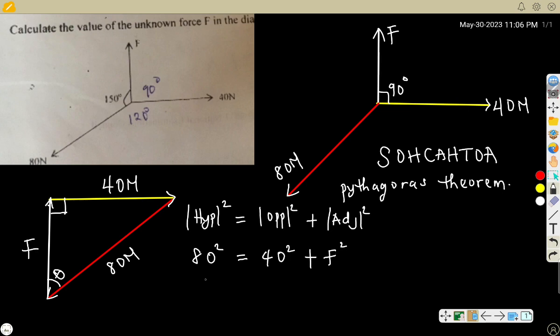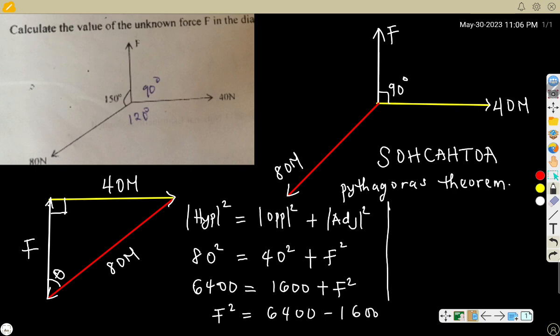So now collect like terms. First, 80 squared is what? 6,400. 40 squared is 1,600 plus F squared. So now F squared is 6,400 minus 1,600. So F squared equals 6,400 minus 1,600.